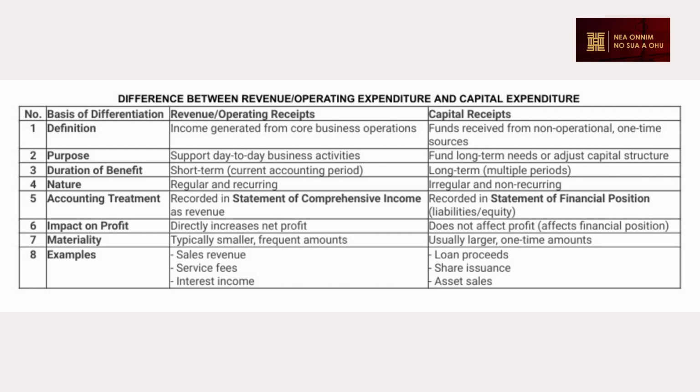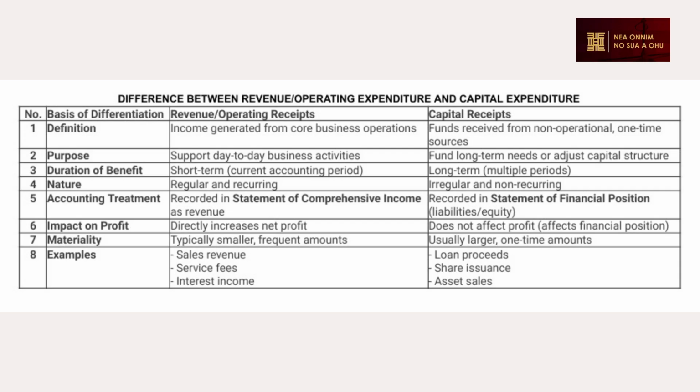Whereas when it comes to capital receipts, those are receipts that come into the business, for instance, for major capital activities. For instance, for the acquisition of vehicles or acquisition of a building or the acquisition of an asset. Most of the time, that is what their purpose tends to be, right?